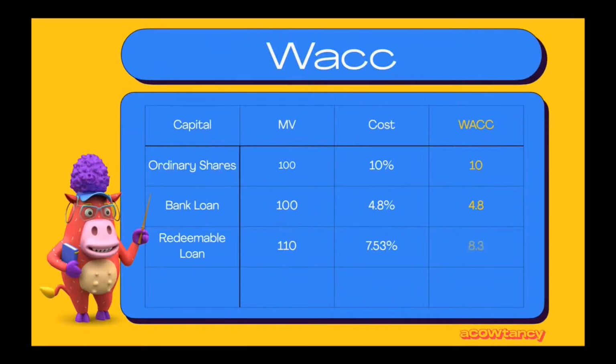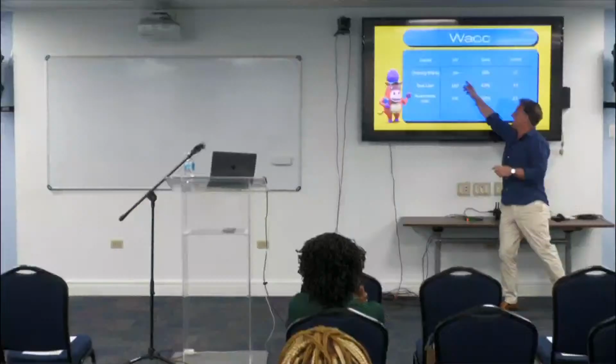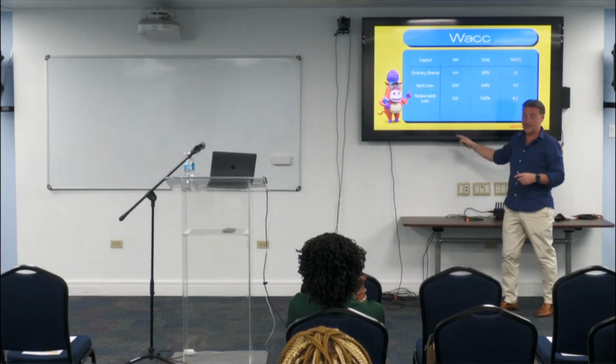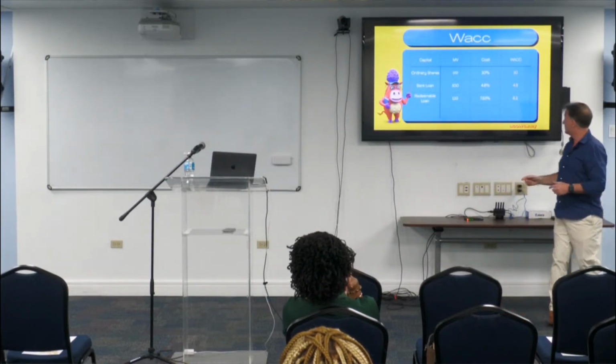So you put that in. Obviously, that 8.3 is 110 times by that percentage. But now, the reason why this is called the weighted average cost of capital is you've got 3 different costs of capital here. How do I work out the weighted average of them all? What is the weighting? The weighting is these. I've got 100 shares, I've got 100 bank loan, I've got 110 redeemable debt.